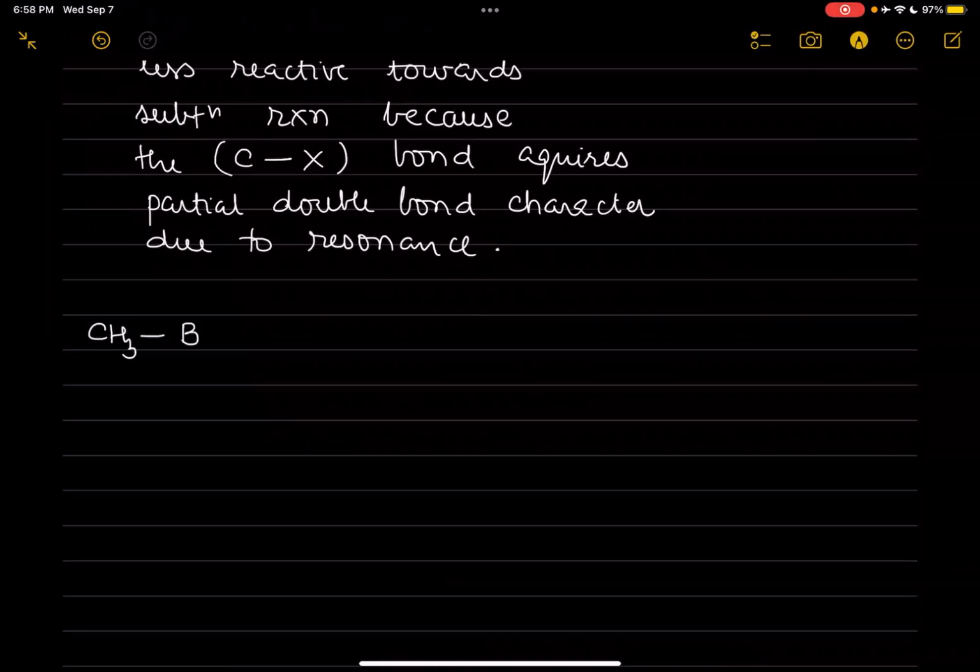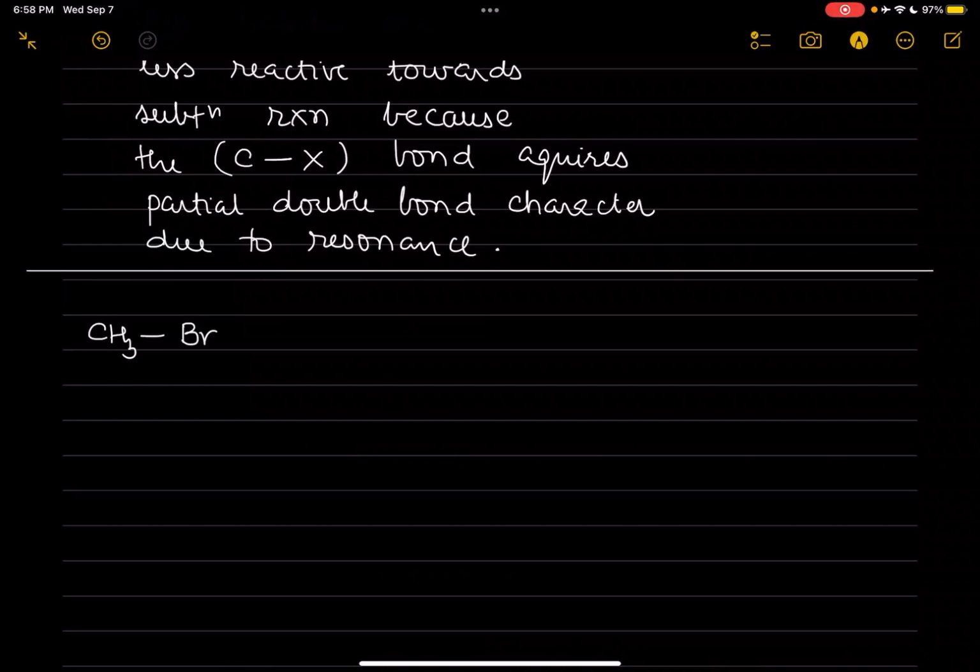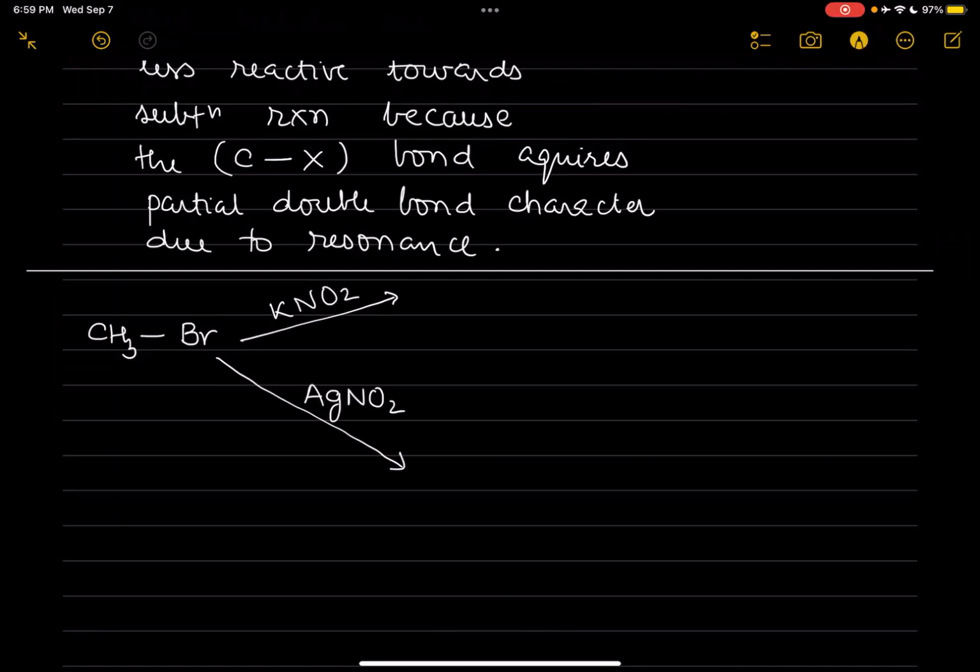Okay, so let's take one more example of the same kind of ambident nucleophile. This is bromomethane. If I react this bromomethane with potassium nitrite and silver nitrite, what am I going to get?